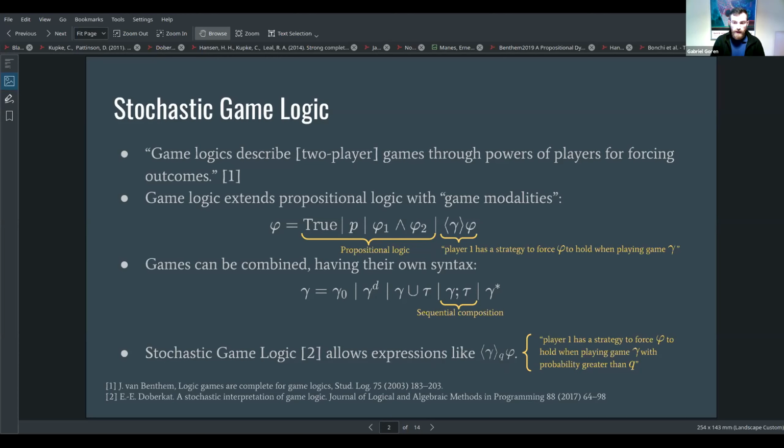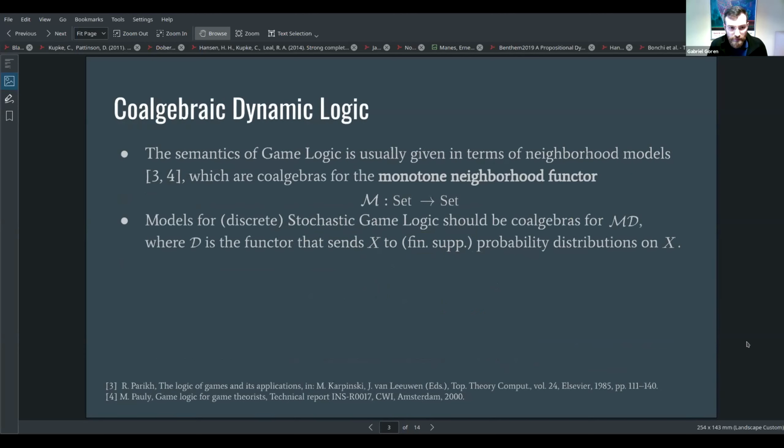And now, how does this fit into the coalgebraic dynamic logic framework? The semantics of standard game logic is usually given in terms of neighborhood models, which, similarly to the LTS case as Stelios mentioned, turn out to be coalgebras for a certain functor, the monotone neighborhood functor, which I will not explain right now.